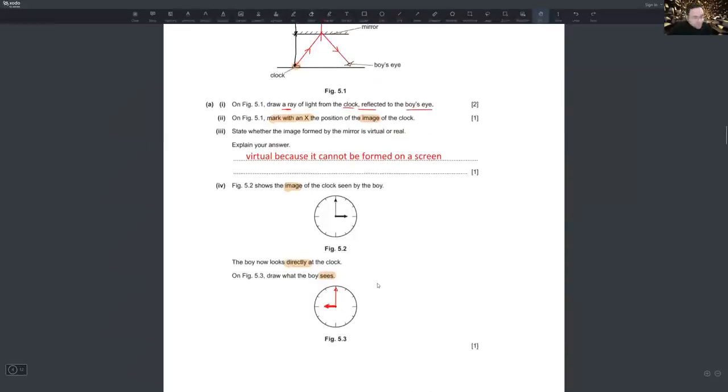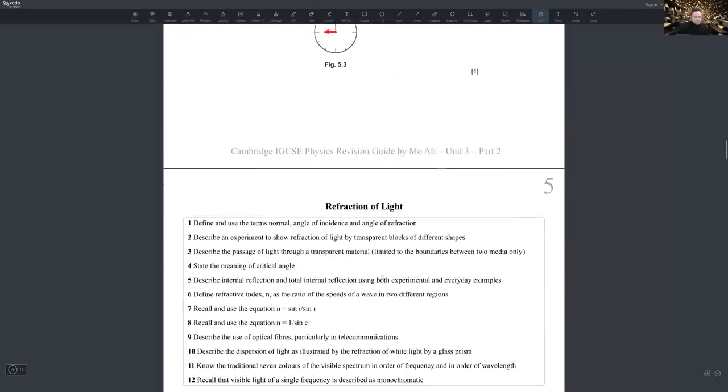Very good. And now we're done with reflection. Anybody have any questions about reflection? Yes, على reflection. Excellent. Next.